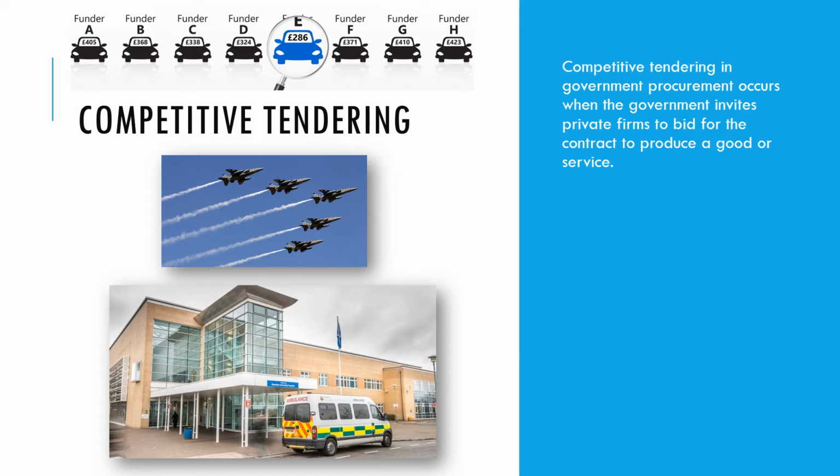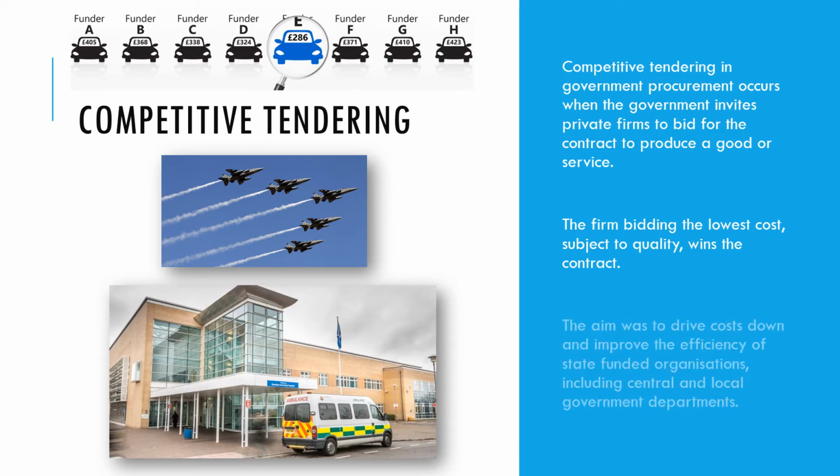We'd like to get more choice, a lower price, and perhaps a more efficient outcome. So the firm bidding the lowest cost, subject to meeting certain quality requirements, will often win the contract. The aim is to drive down costs and improve efficiency in state-funded organisations. This includes central governments and also local councils as well.